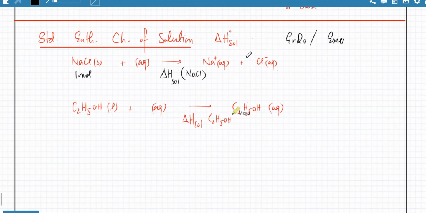So remember, enthalpy change of solution, when you quickly write the definition, is when you dissolve 1 mole of any substance.